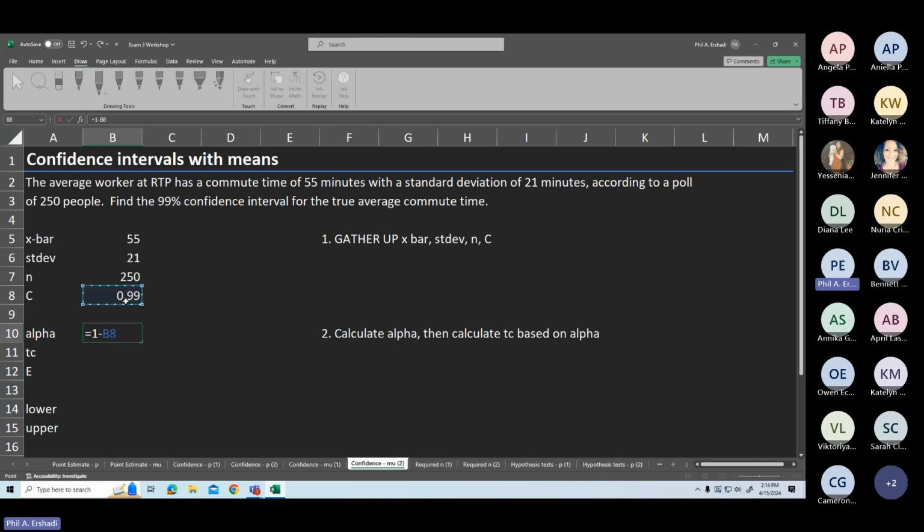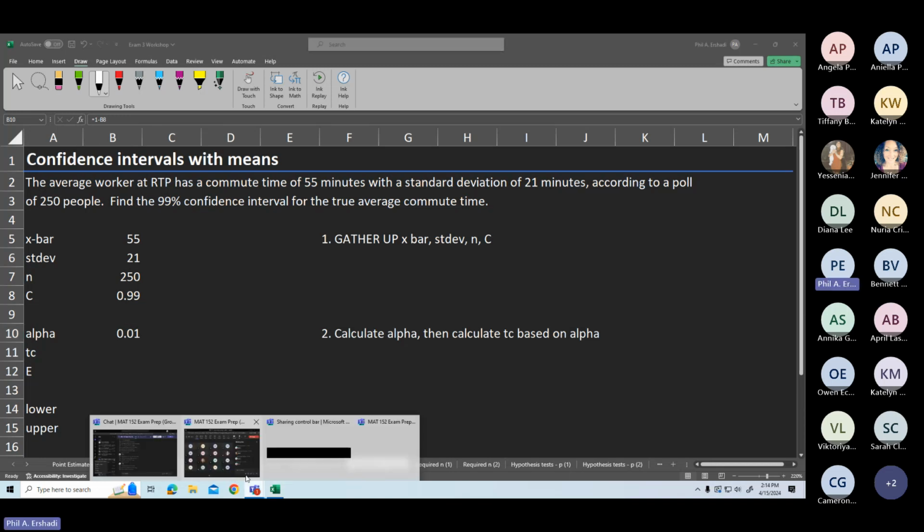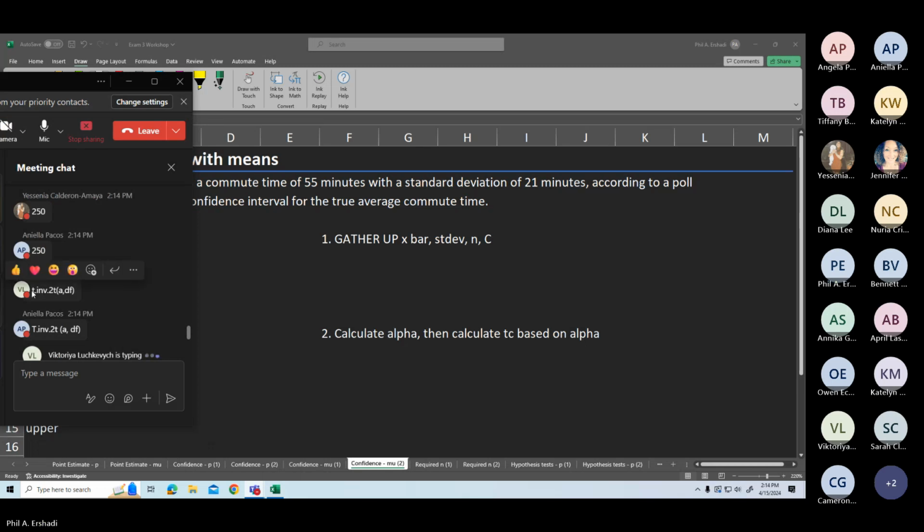It's 1 minus the confidence. Now that we know alpha, what formula do you use to get T critical? I believe there's, again, multiple ways that you can get this, but T.INV.2T of alpha comma degrees of freedom. That's right.